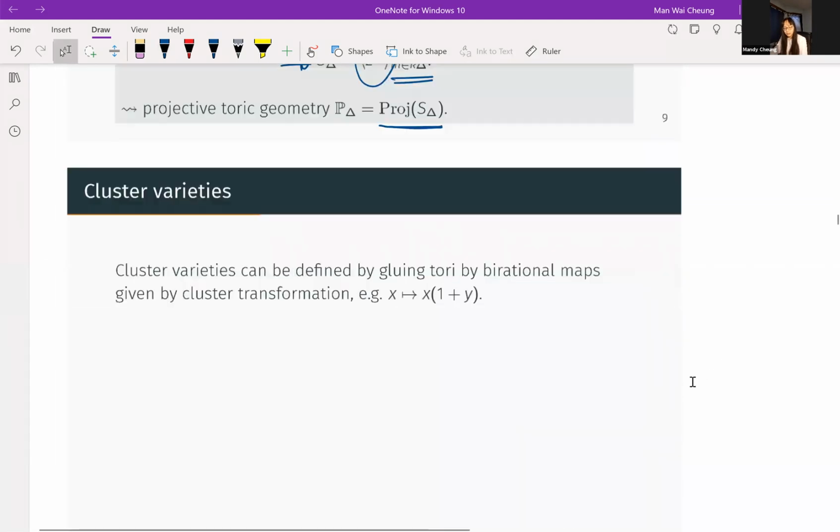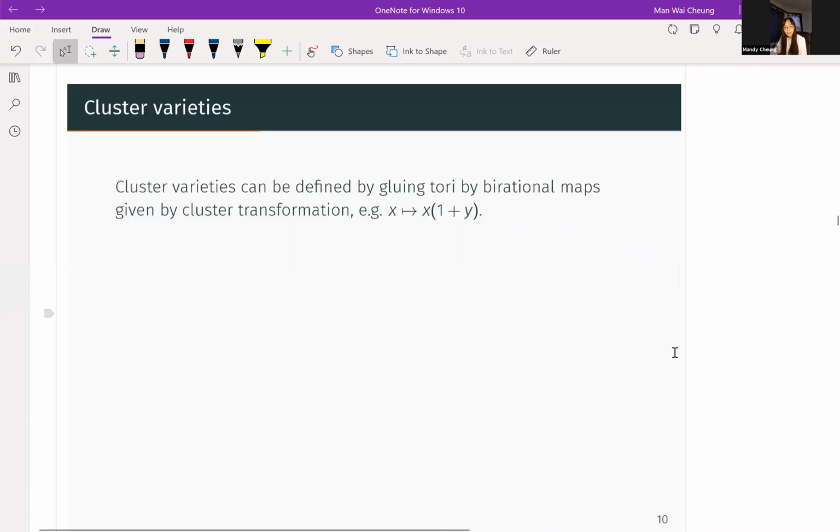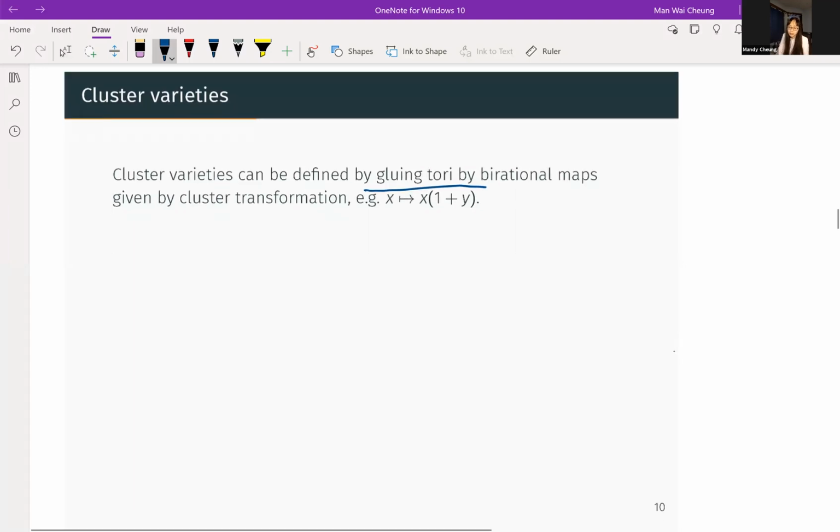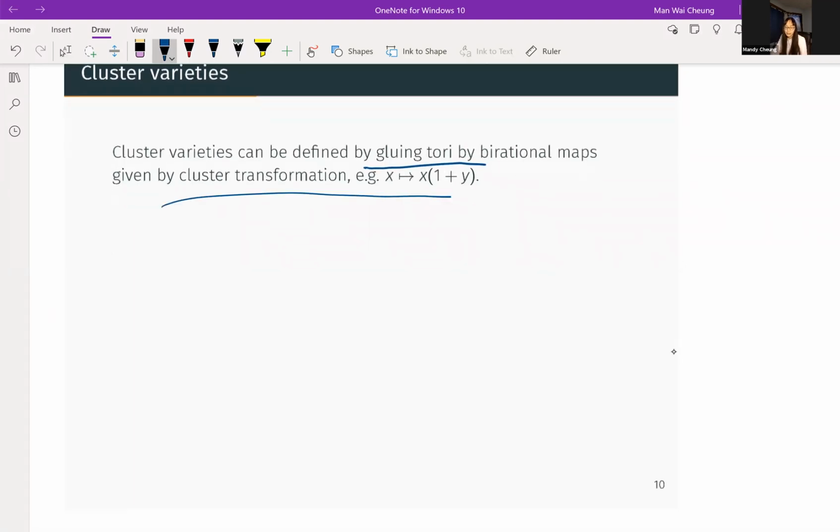Now let's go back to cluster varieties, which we will go over again at the September conference too. So let me be quick and just say that they are schemes glued from tori by some birational maps given by cluster transformations, which we will call mutation maps.